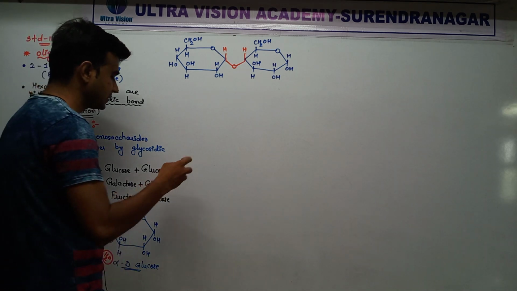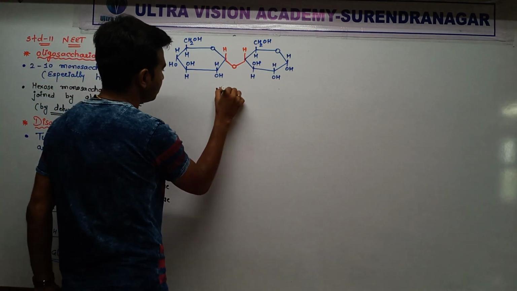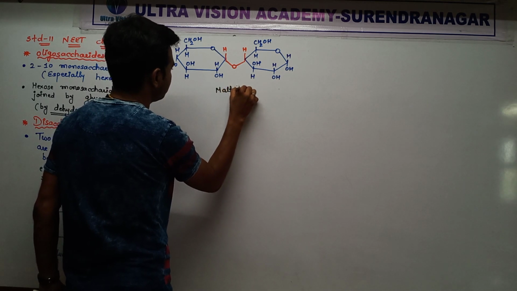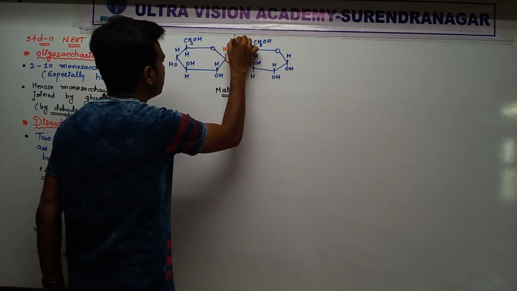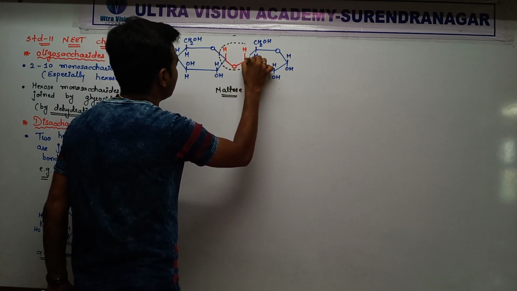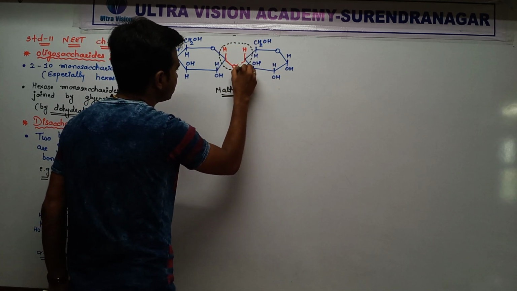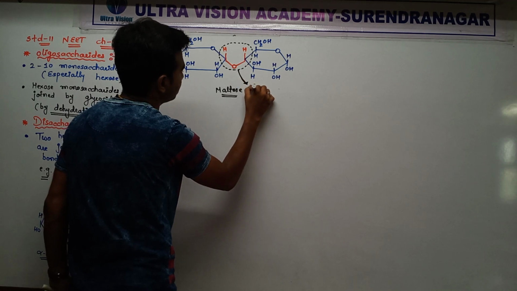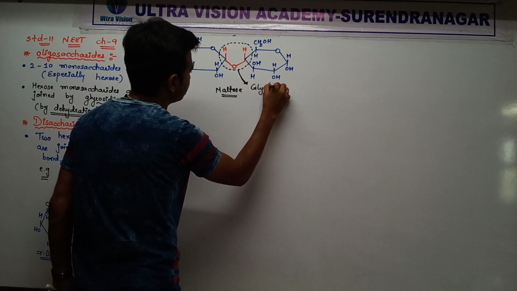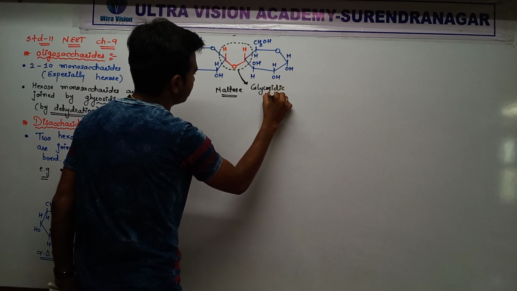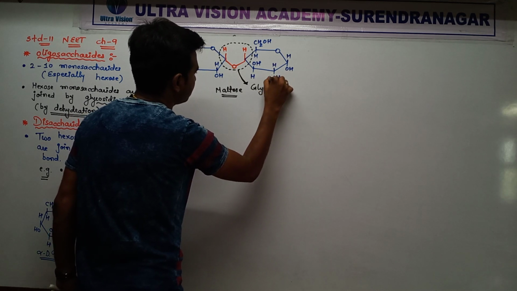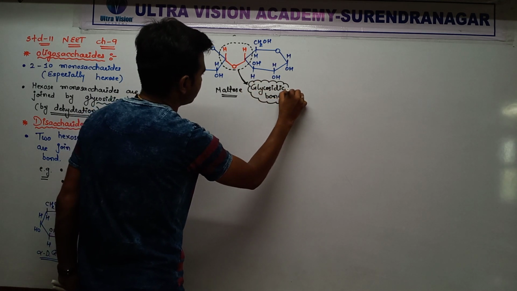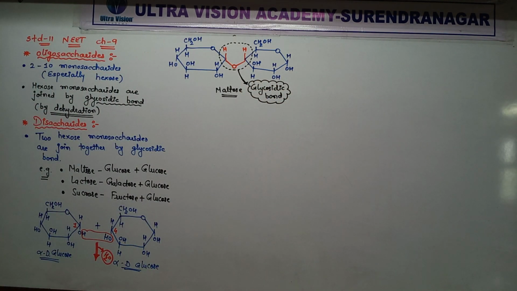This is known as the maltose molecule, and this bond is known as the glycosidic bond. So in this way, two molecules of alpha D glucose are joined together and form maltose.